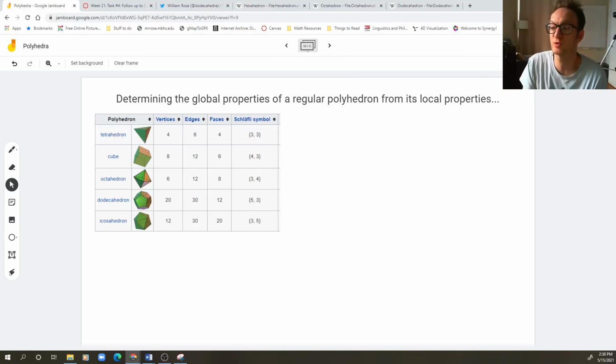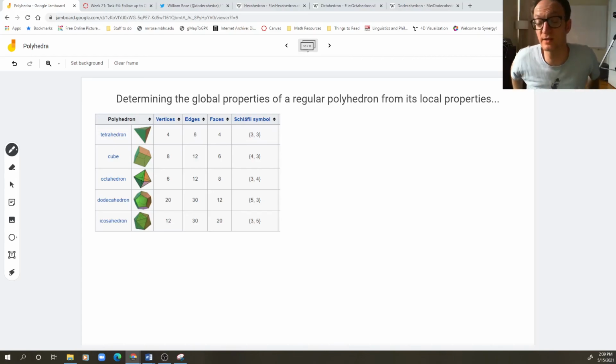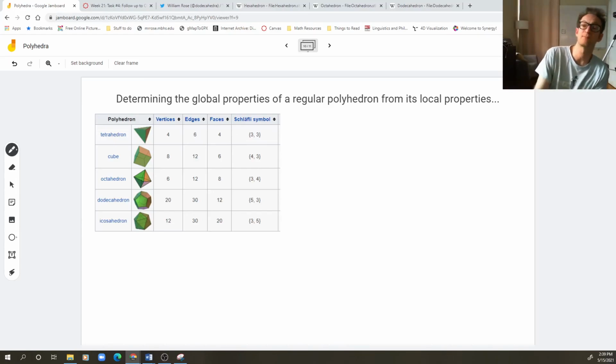I introduce to you now this thing called a Schlafli symbol. And what is a Schlafli symbol? It's a polyhedron notation, which describes a regular polyhedron by the type of polygon and how many of them are meeting at each vertex. And so we see that the Schlafli symbol for the tetrahedron is 3, 3.